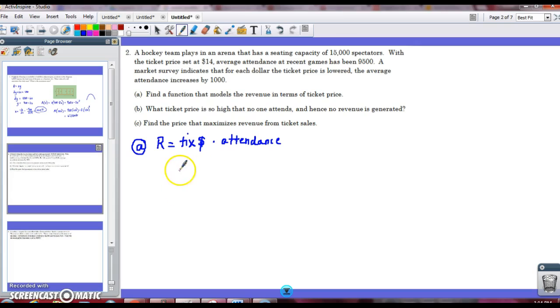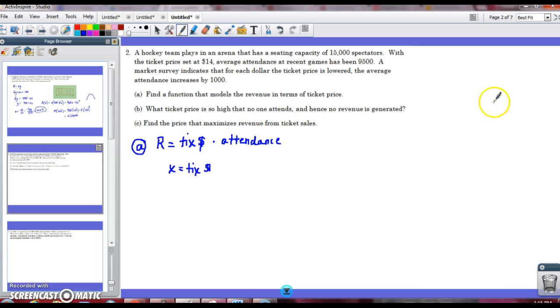Okay, so if we let x equal our ticket price, R is our revenue, so we want to find R of x. And the other important information we have is this 9,500 people and this $14, so let's put that into mathematical terms.